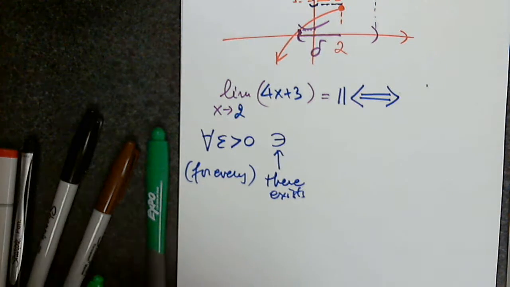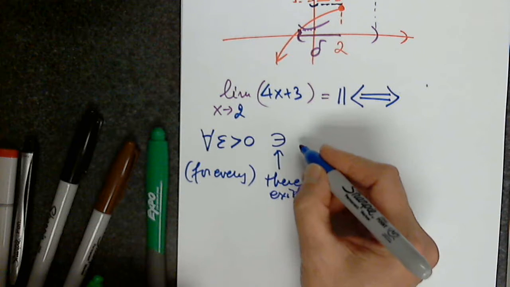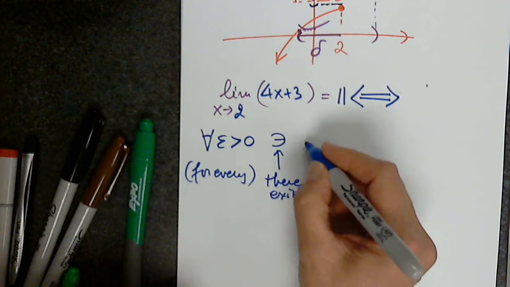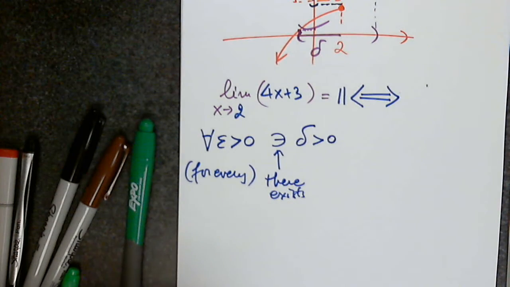There exists. What? What will I find for every epsilon? A corresponding? Very good. Which has to be greater than 0. So for every epsilon greater than 0, I will find, or there exists, a delta greater than 0.